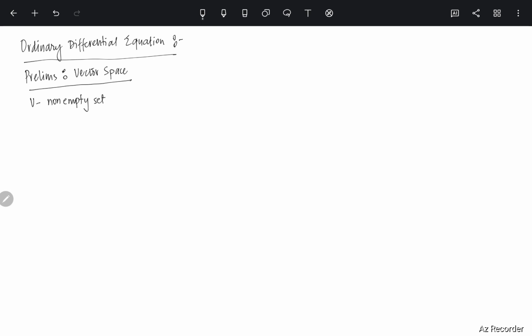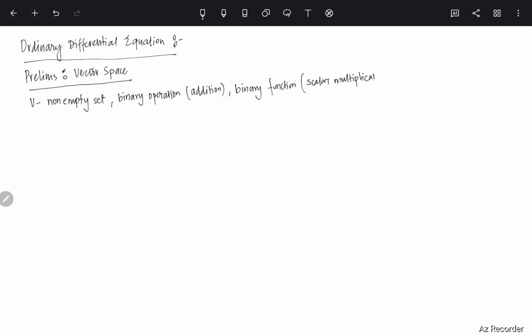And on this set, we will put some operations. First of all, this non-empty set has a binary operation, which we will call addition, and then we'll also have a binary function on it, which we will call scalar multiplication.